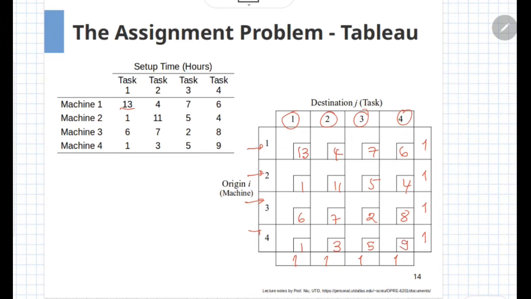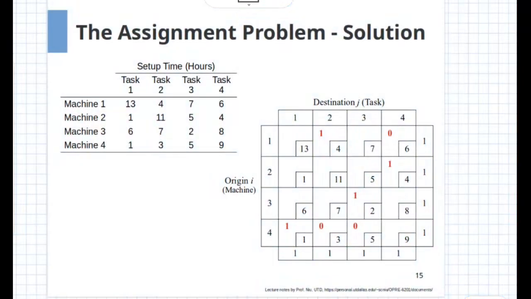Once this tableau is ready, we can apply the transportation method technique and obtain the solution. Further details of this particular method one can read from the handouts which are provided.